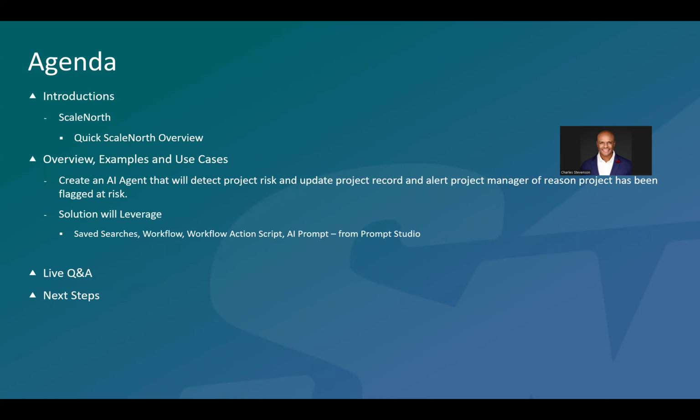The solution will leverage some saved searches, a workflow action script, and an AI prompt from the Prompt Studio within NetSuite. Then we'll finish with a live Q&A and next steps.